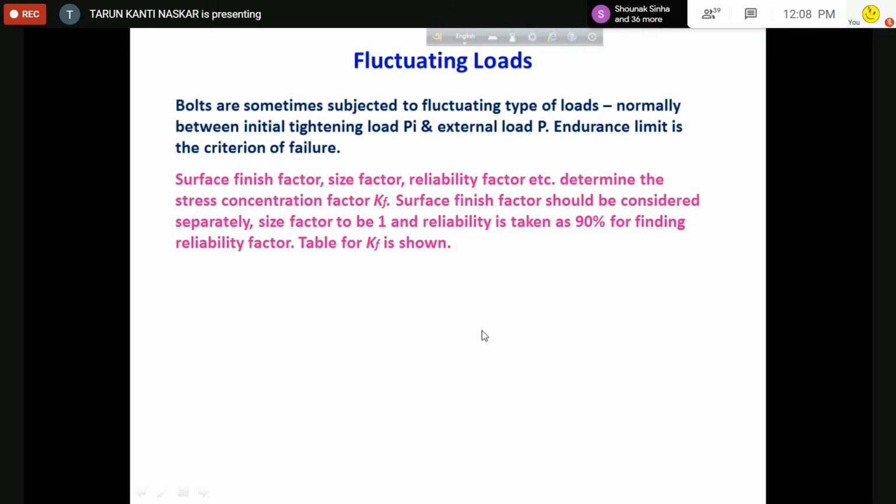This fluctuating load is very dangerous for any machine element because it introduces fatigue, and this fatigue is very dangerous because the crack generates, and after generation of crack it expands very swiftly and failure occurs without any previous notice actually.